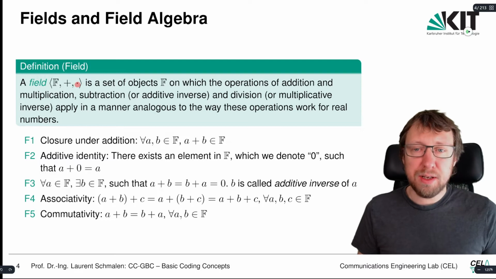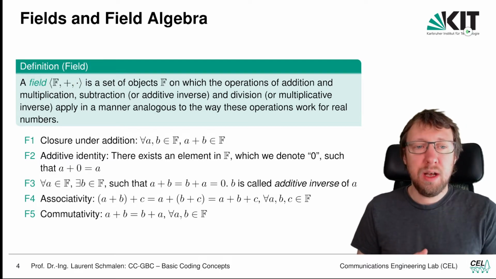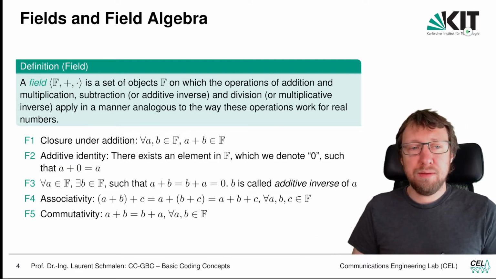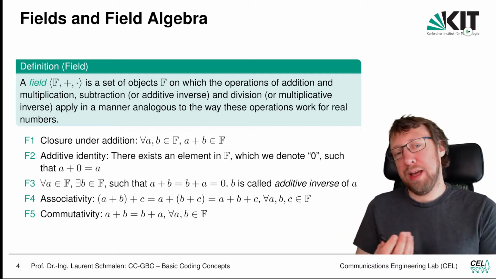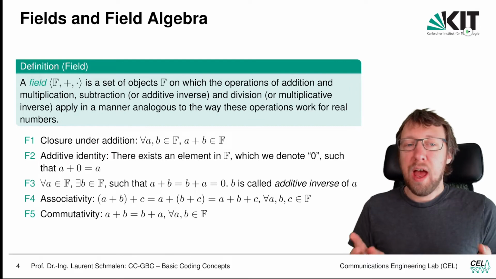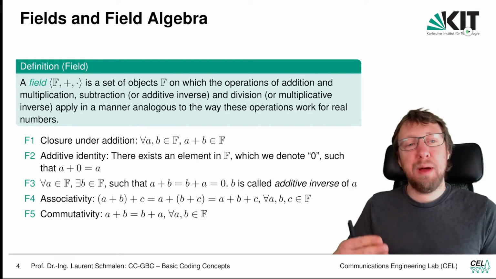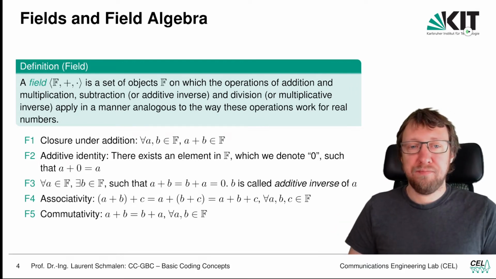You can think of these operations as being an addition and a multiplication. If we have an addition, we also have a subtraction, which is obtained by adding the inverse. And we have a division, which is obtained by multiplying with the inverse.